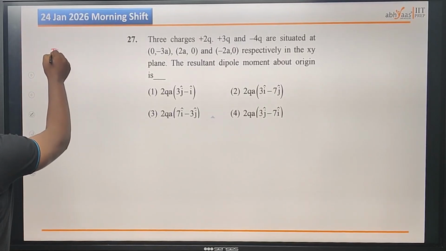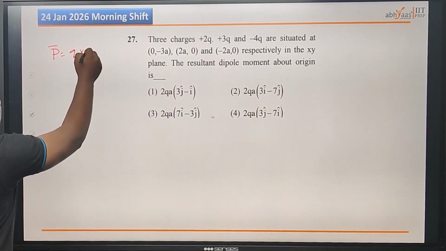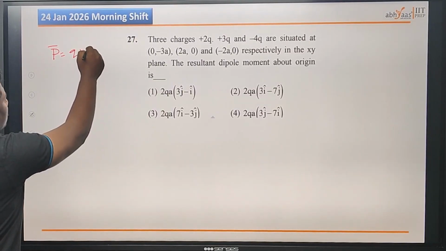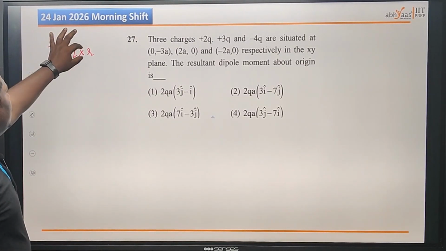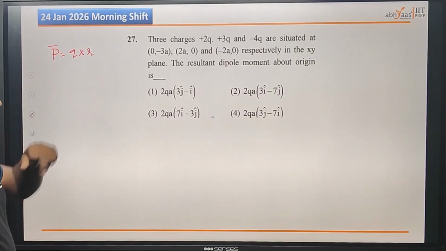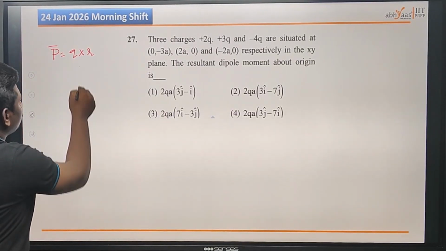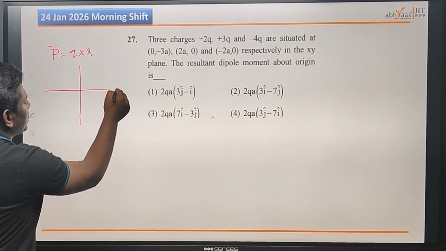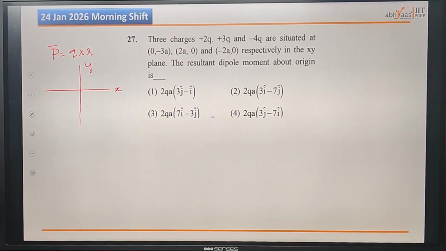Dipole moment can be written as charge into distance, whatever it may be, L or R, and it must be measured from the origin. So take the positions in the XY plane and draw. This is our XY plane, this is X and Y. What is the position for plus 2Q?